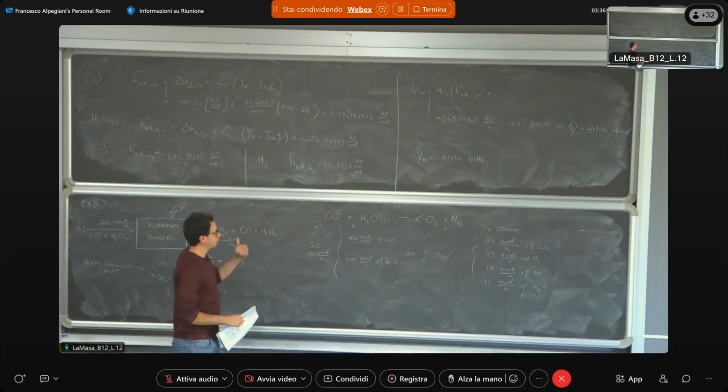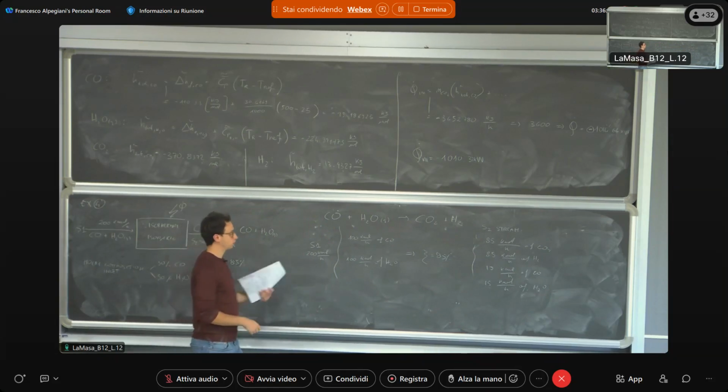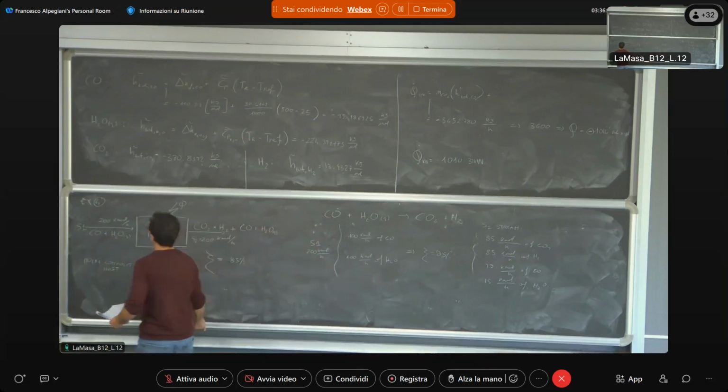Then, as we have done before, we can evaluate the molar composition of the flow, the mass flow rate of the various species, and the mass fraction. I just report here some of the values.